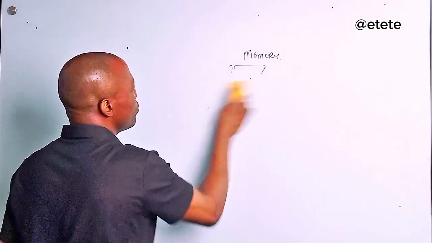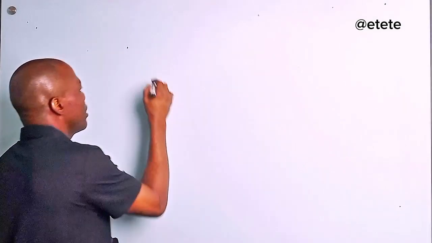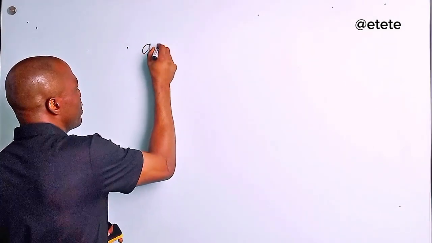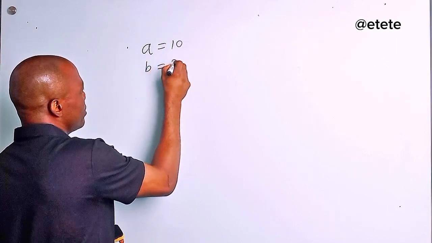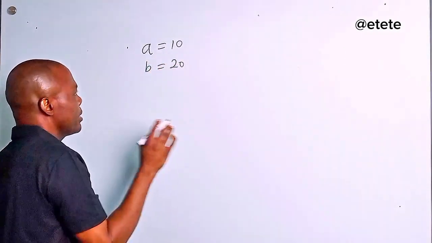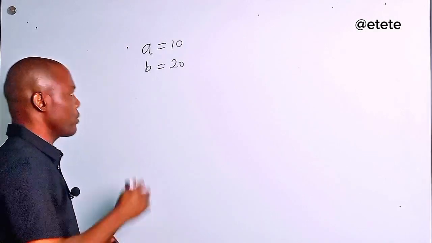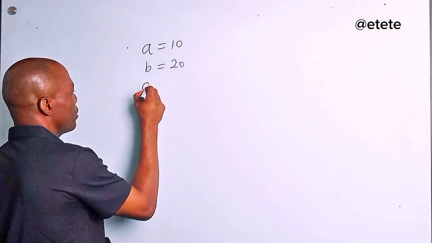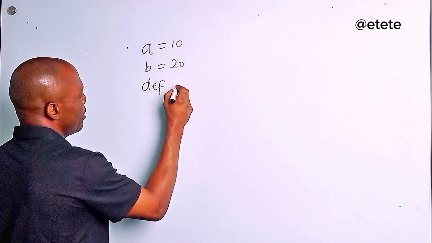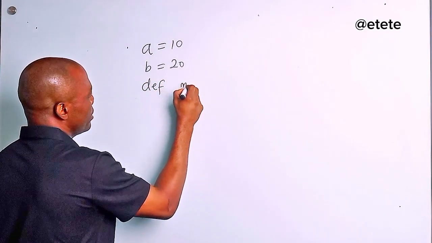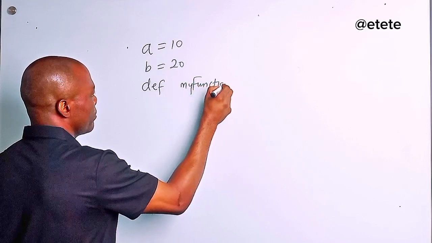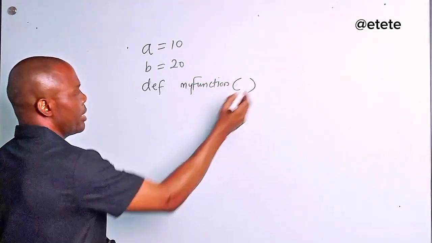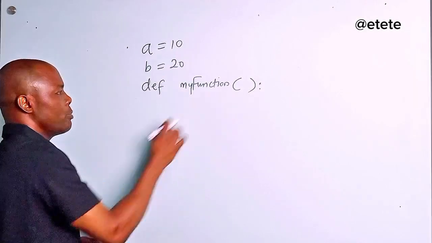Now, I am going to write another program. Say a, assign 10 to it, b, assign 20 to it, and this time I'm going to define another function. In this function, def, let's just call it my function, and nothing is being supplied.